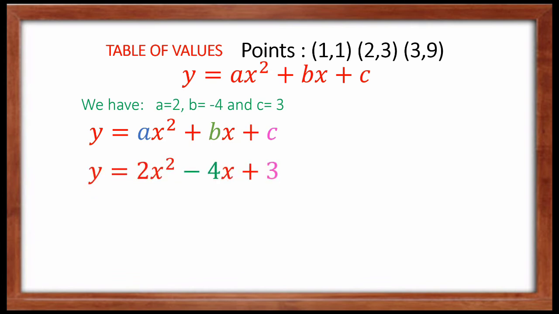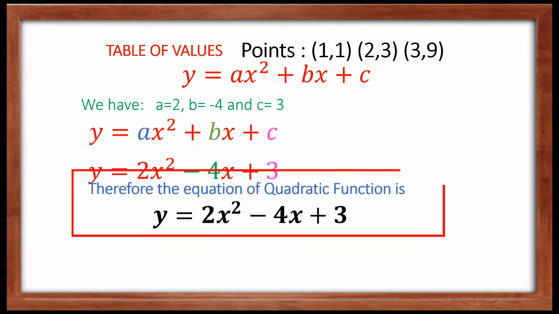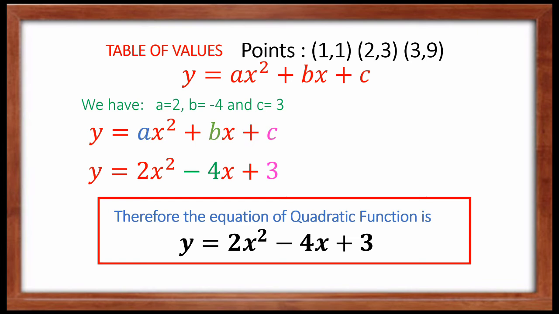Okay, substitute natin ang value. Ang a natin ay 2, value ng b ay negative 4, value ng c ay 3. Therefore, the equation of quadratic function is y equals 2x squared minus 4x plus 3. Pwede rin namang f of x equals 2x squared minus 4x plus 3.